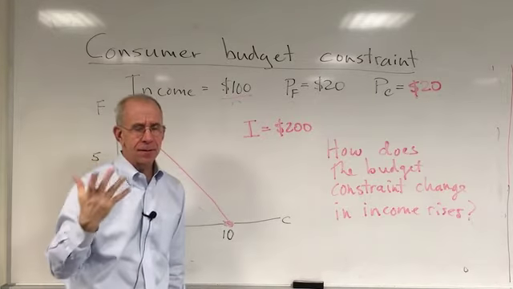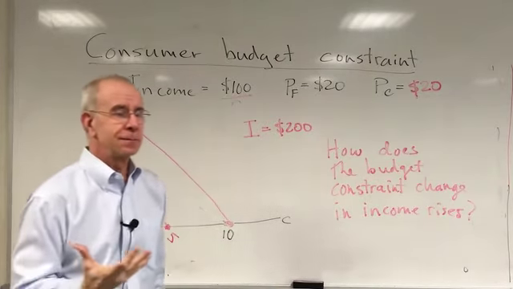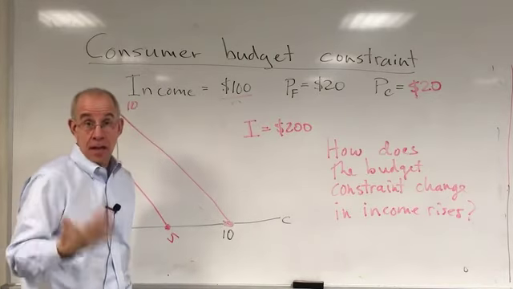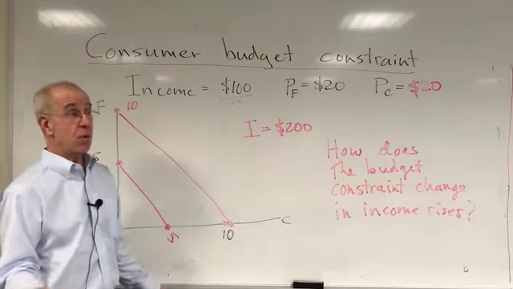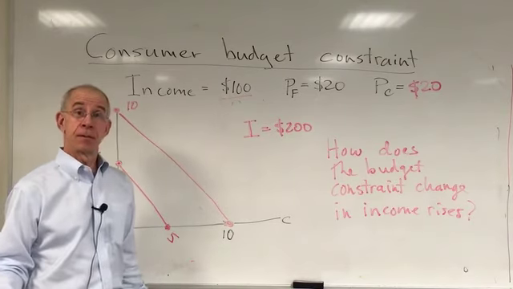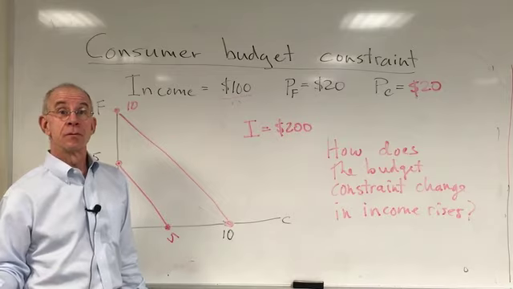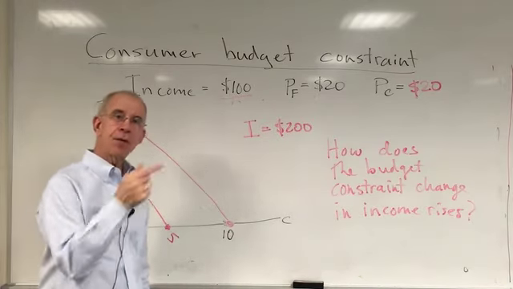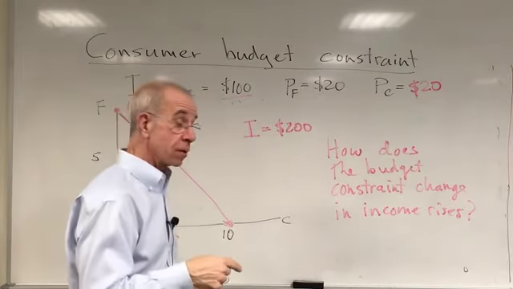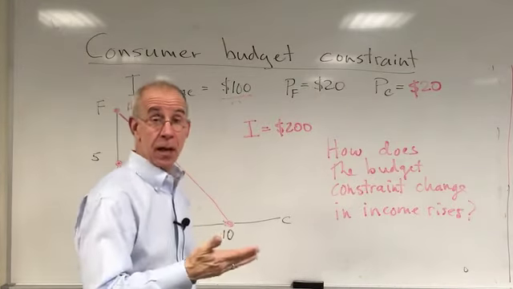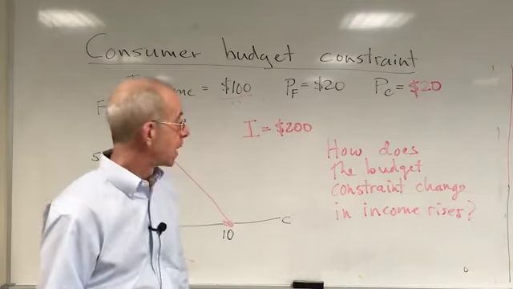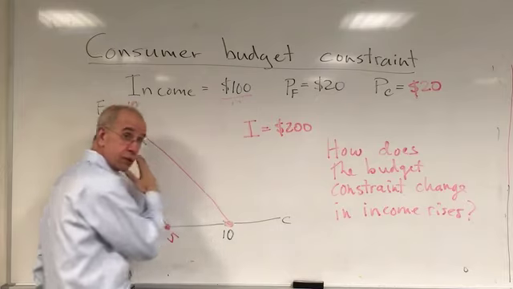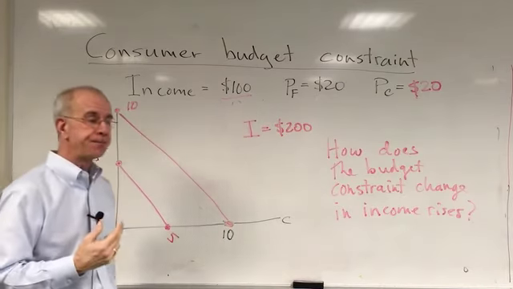And so again, the concepts of this really are every day. If I get more income, if I have more resources, I'm going to be able to consume more of both goods. I got more money. Now, how much I decide to buy of the two goods depends on how much I like one versus the other. But there's no doubt that an increase in income will shift that budget constraint out.